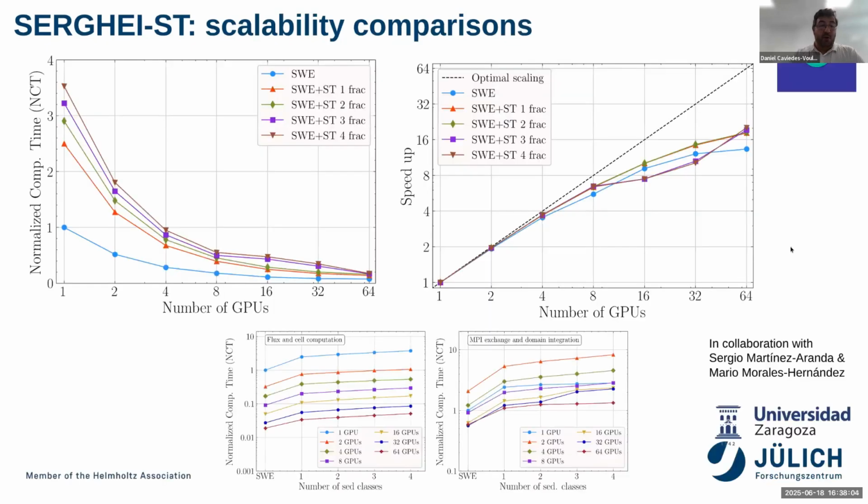In terms of performance, it's also still very preliminary, and it looks a little bit like this. We've done some scaling tests here in UVals, up to 64 GPUs with the clean shallow water solver, which is in light blue, and adding a successive number of sediment fractions. There's a big jump from no sediment to having some sediment, which we currently cannot explain, and we did not expect.